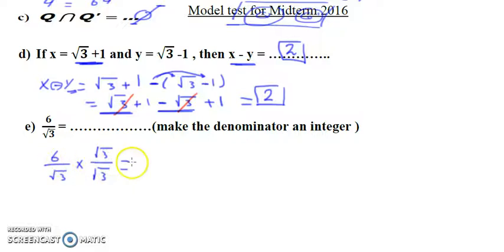So 6 times square root of 3 is 6 square root of 3, over square root of 3 times square root of 3, which is 3. Simplify: 6 divided by 3 is 2, so the answer is 2 square root of 3.